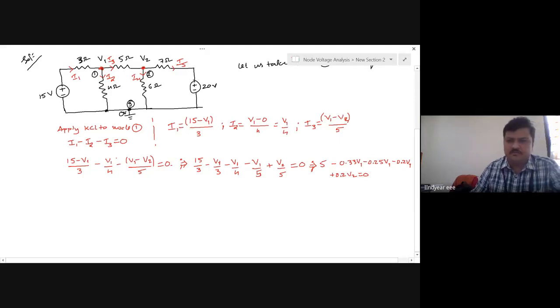Or, if I take all these things to the other side, 0.33 V1 plus 0.25 plus 0.2, that is 0.78 V1 minus 0.2 V2 is equal to 5. This is equation 1.